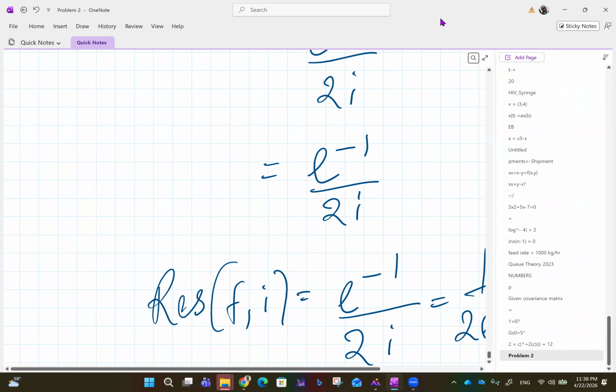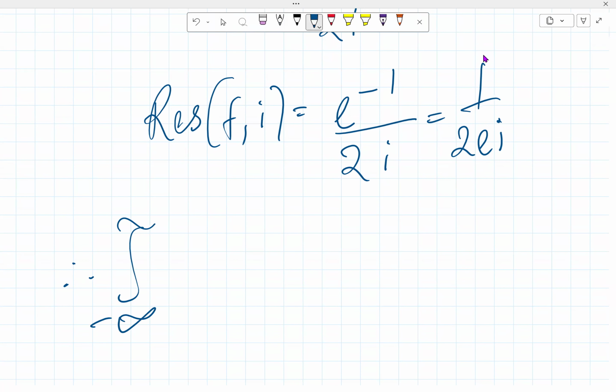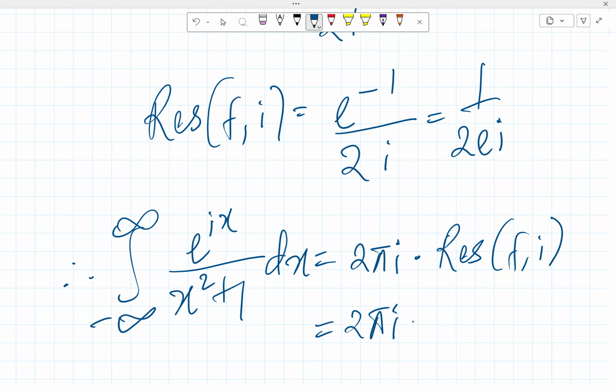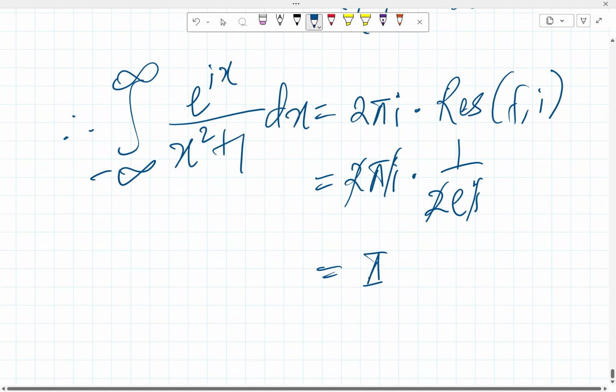So we can then do the integration. Therefore, the integral from minus infinity to infinity of e raised power ix all over x squared plus 1 dx will simply be 2 pi i multiplied by the residue of f at i, or all the residues within the contour. So 2 pi i times 1 over 2ei. 2i cancels 2i, so we have pi over e.